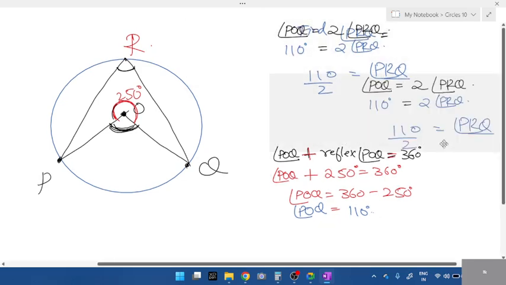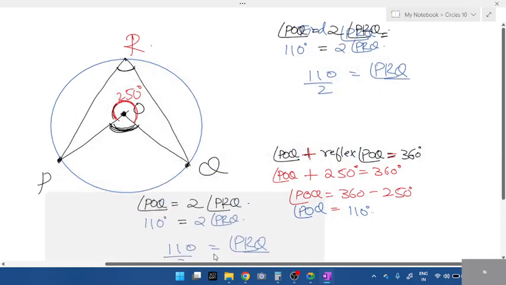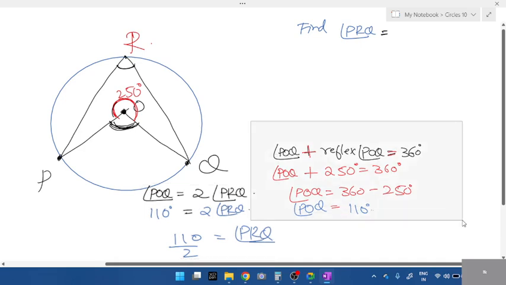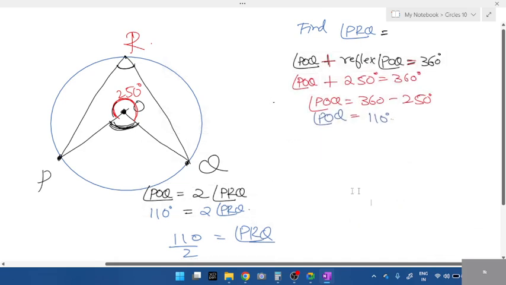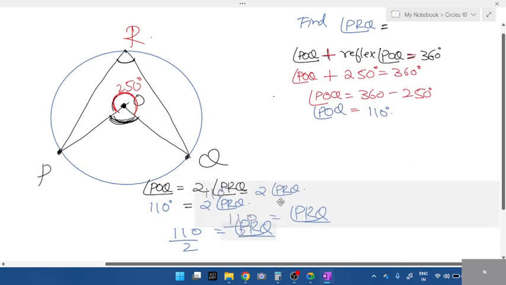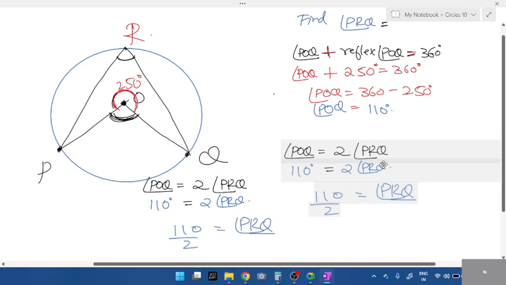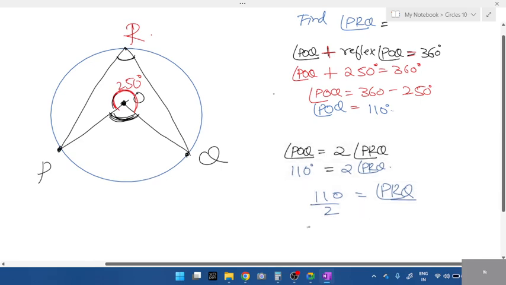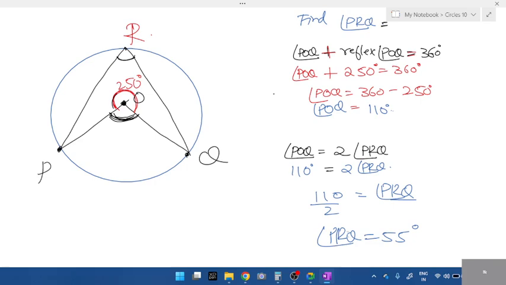You can write this below, students. If you have understood the concept, find POQ first. Substitute the angle: PRQ is equal to 55 degrees. There are two more concepts, the semicircle concept and the cyclic quadrilateral concept.